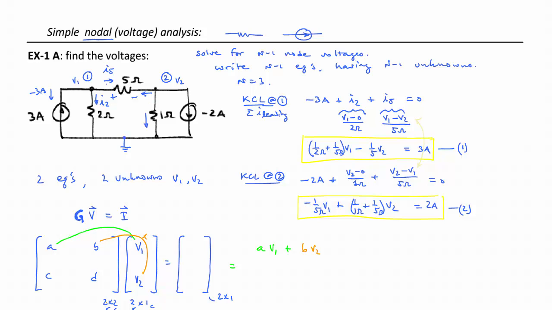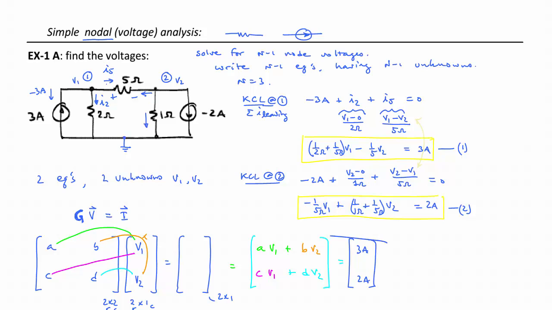Okay, and we'll do the same thing on the bottom. We'll do C times V1 and D times V2. That's this right here, and then the whole thing is going to be equal to these currents, which will be 3 amps and 2 amps.